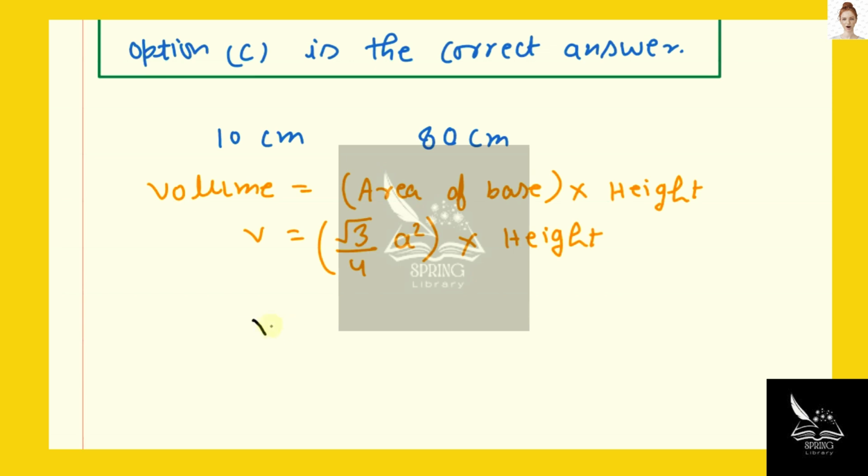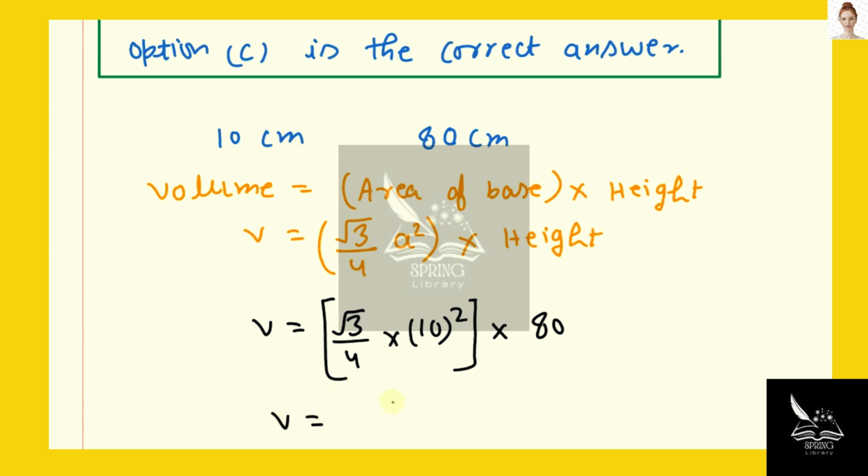So we can write volume of the prism is equal to root 3 over 4 times a square, which means square of 10, times height of the prism, which means 80. On further simplifying, we get volume of the prism is equal to 3464.10 centimeter cube.